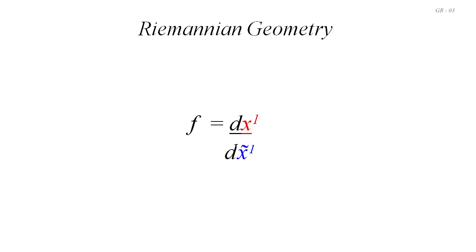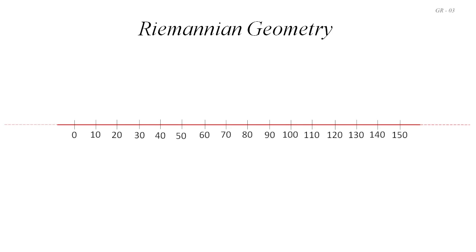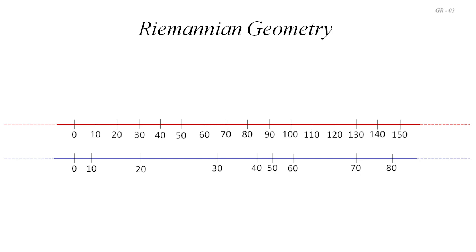can perhaps imagine having the transformed frame of reference, the blue tilde frame, stretched and compressed in different ways at different places. For example, it could go from this straightforward linear red measuring system to be transformed to this rather strange blue frame.